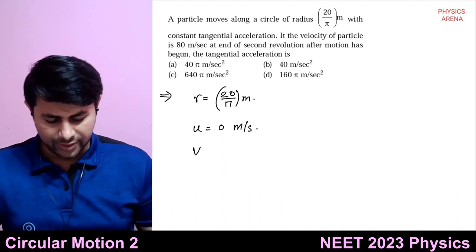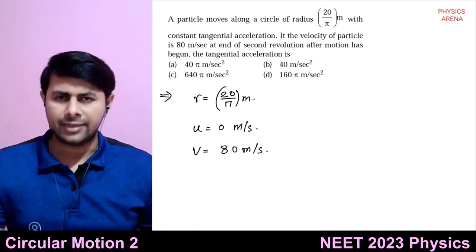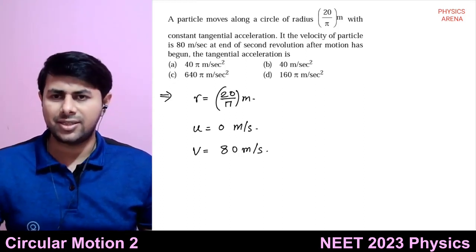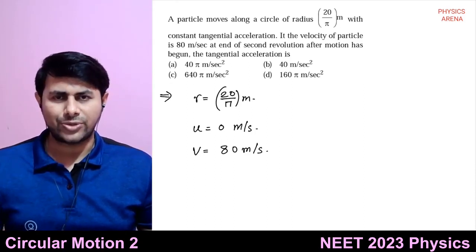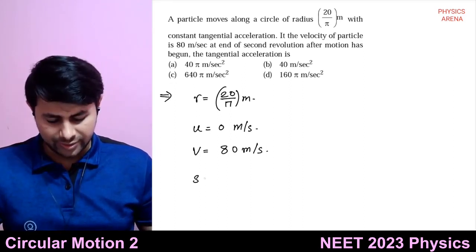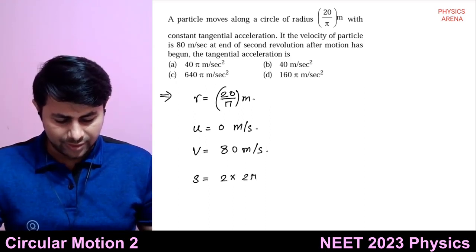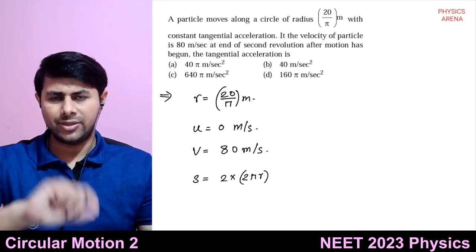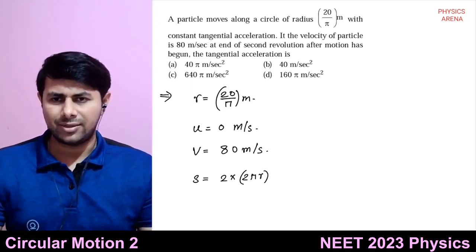And v is given, it is 80 meters per second at the end of the second revolution. That means another thing is given: 2 revolutions, so total distance covered, s, is given. S is equal to 2 multiplied by 2 pi r. Distance covered in one revolution is 2 pi r. Distance covered in two revolutions, 2 times 2 pi r, right?